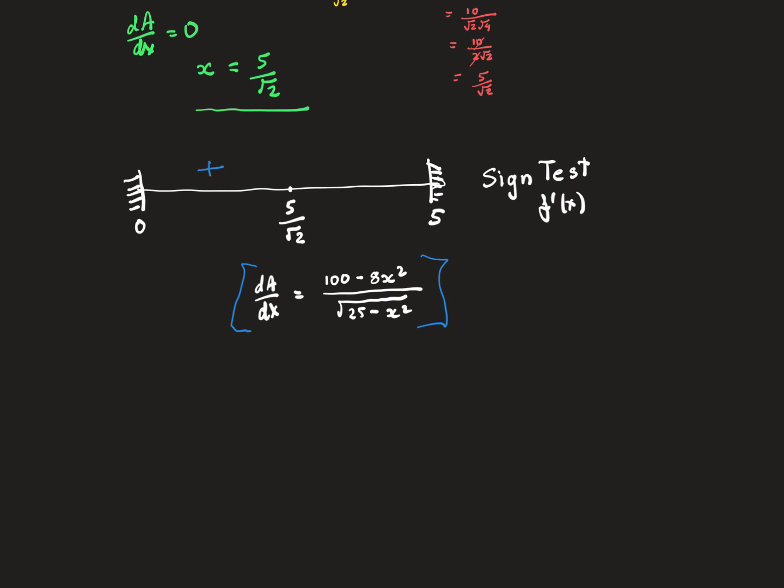And if we replace it with something like 5 on this side, sorry, it should be just a little bit less than 5, then we will get a negative value. That indicates to us that that must be a maximum value. And the area is maximized when x is equal to 5 on root 2.